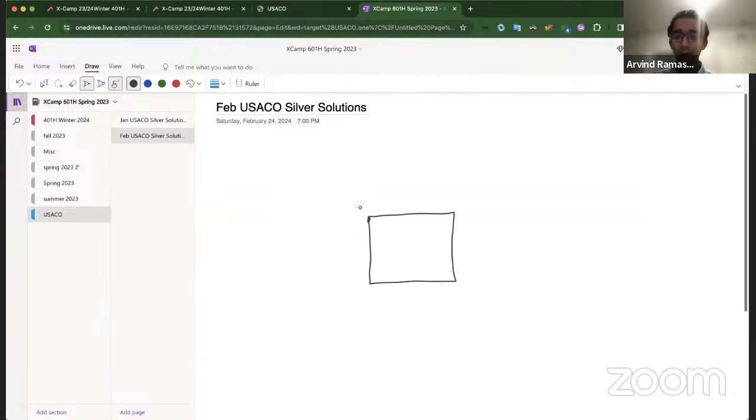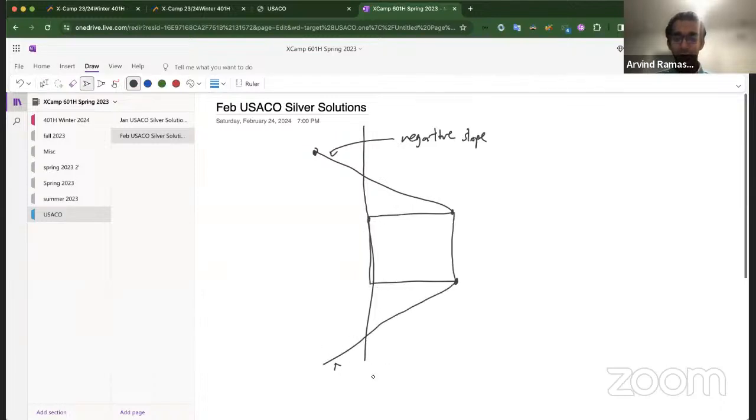Given a particular rectangle, the cows that hit the top right vertex or the bottom right vertex have a certain property. This cow needs to have negative slope, and this cow needs to have positive slope.